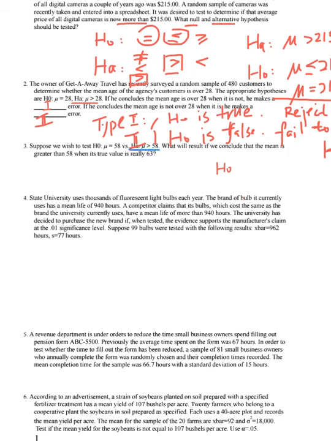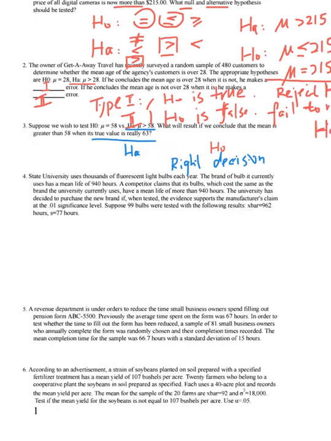And the ground truth, the true value is 68. The true value is HA, right? Because 68 is bigger than 58. So we conclude HA. At the same time, HA is true. So this is the right decision.